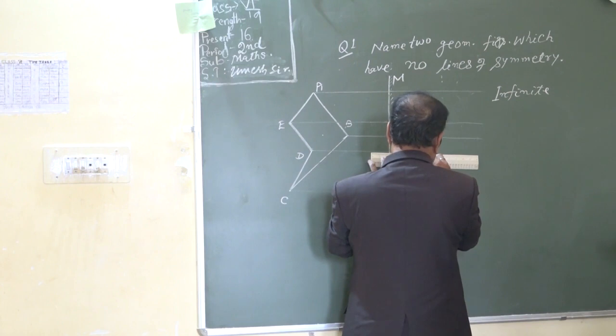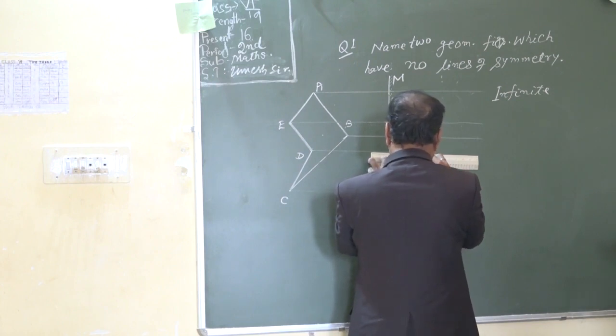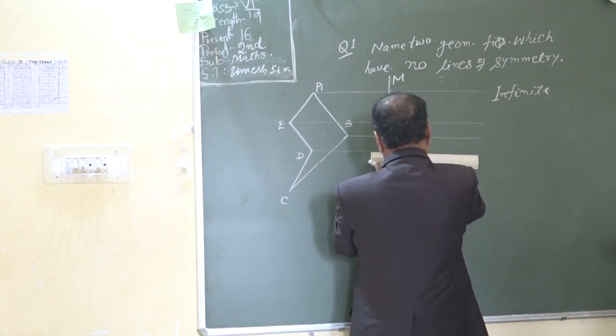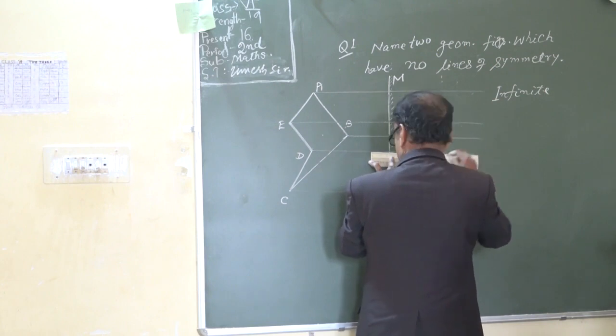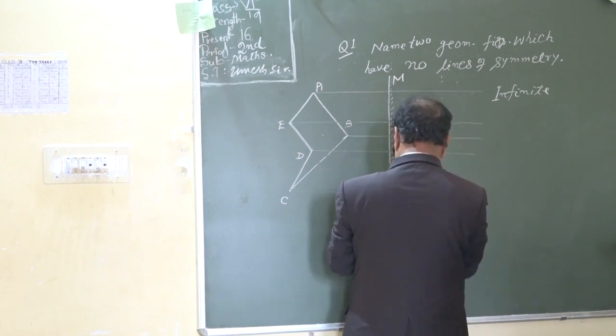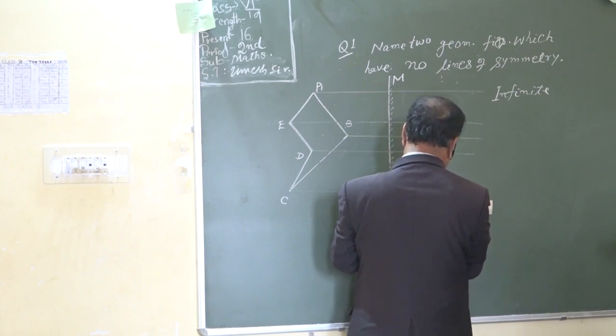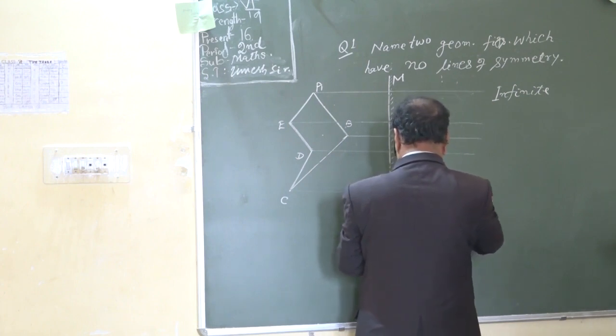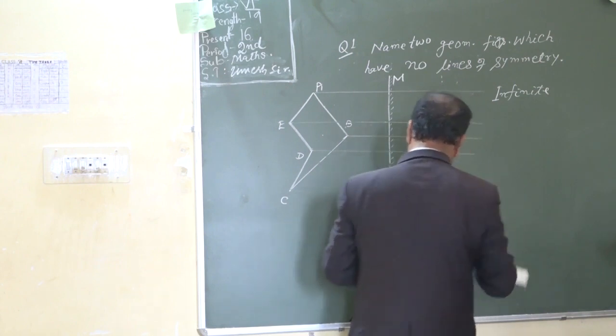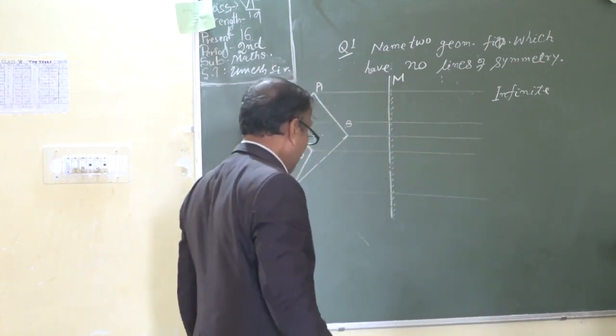So from 5 points you have brought the lines, means you will get 5 lines. And this is another line. So 5 lines you draw, the 5 lines. Okay?